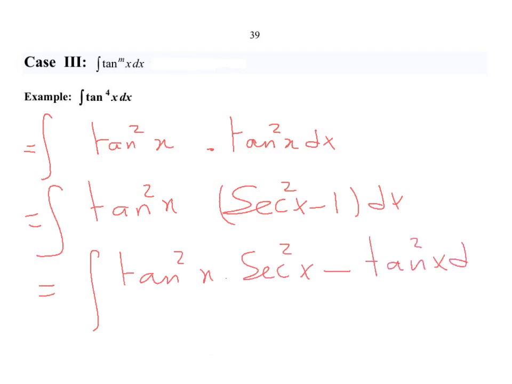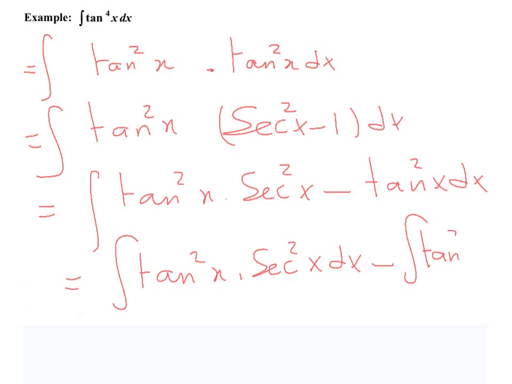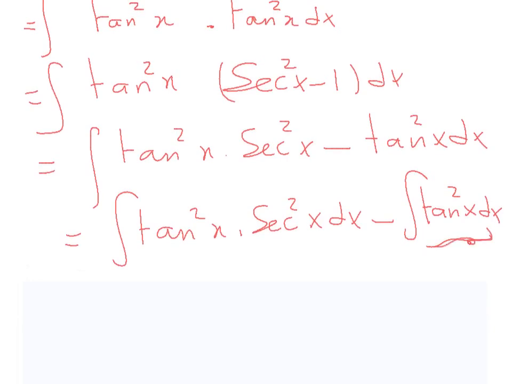What happened here? We end up with tan square times secant square, which can be done very easily, minus the integration of tan square. So the power of tan has been reduced, and we can continue in a similar way. Tan square can also be done again using secant square and so on.